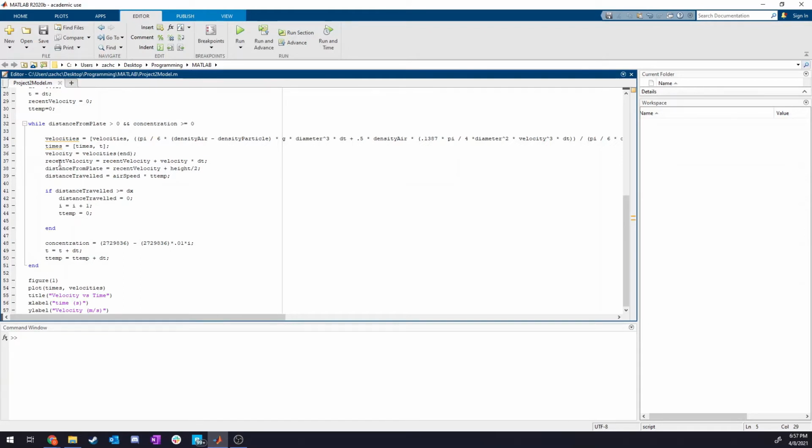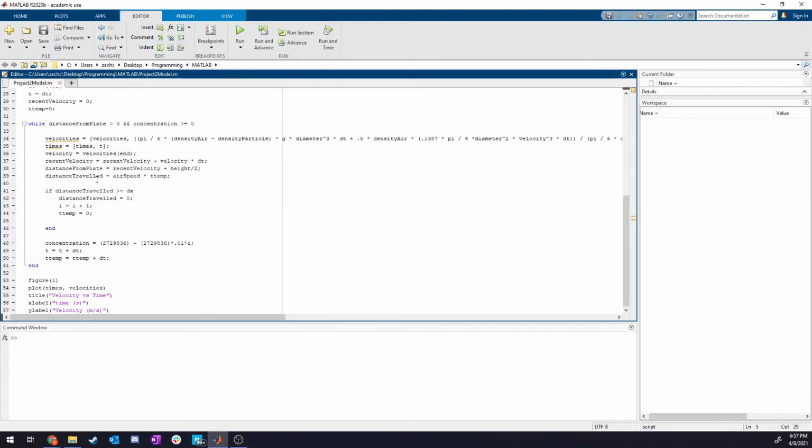And the recent velocity is the integral of the velocities matrix with respect to the delta t. And the distance from plate would be the distance above the plate that the particle is at any given time. And the distance traveled is how far horizontally the particle has traveled since beginning.